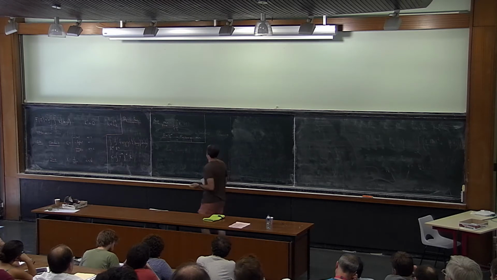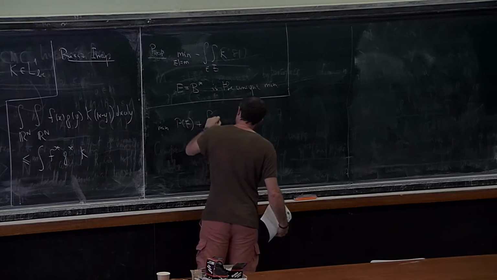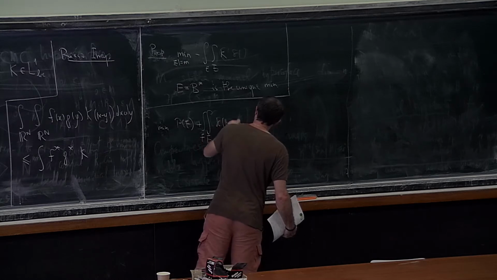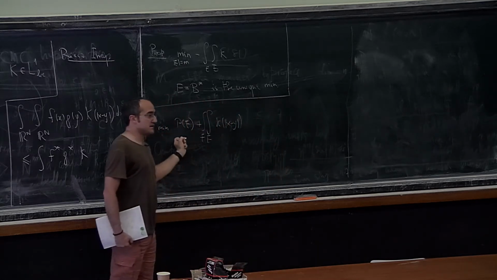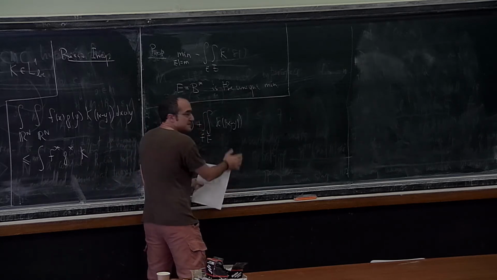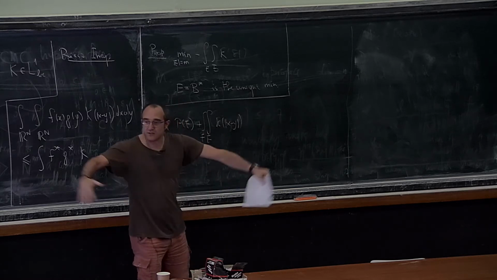For example, in the repulsive case, a problem which has been studied recently is one where you add a perimeter term in order to avoid the spreading of charges.